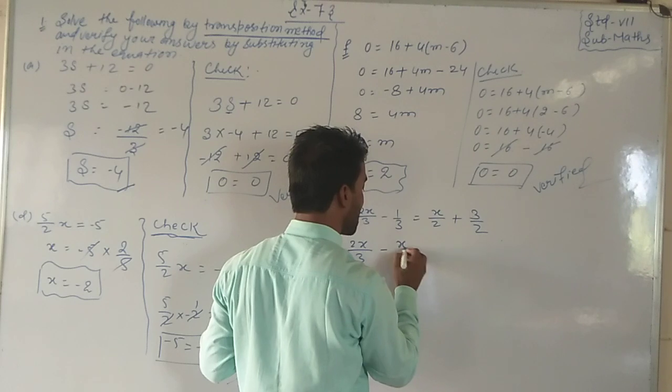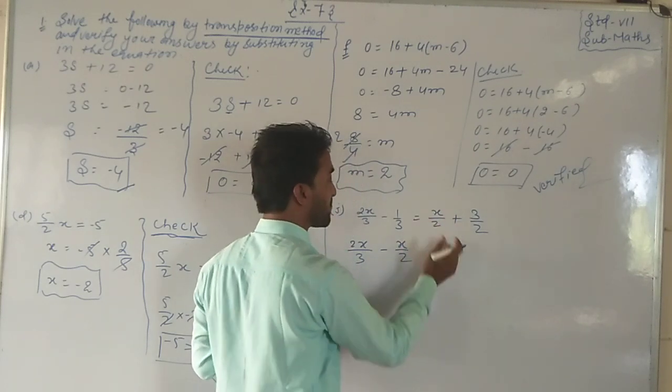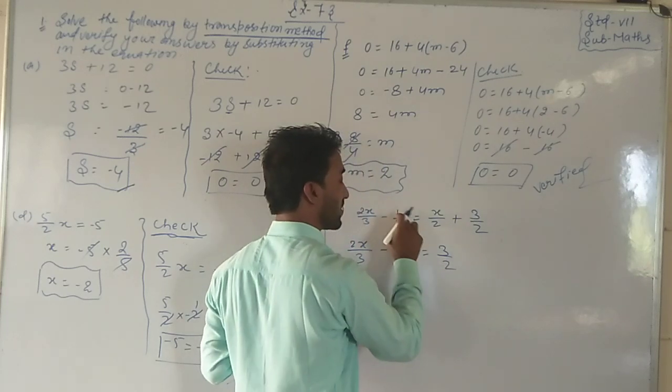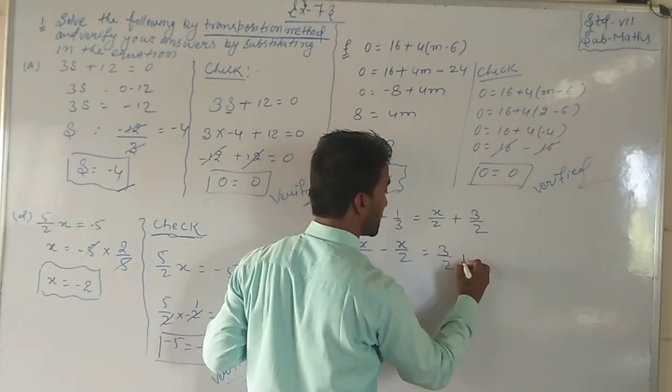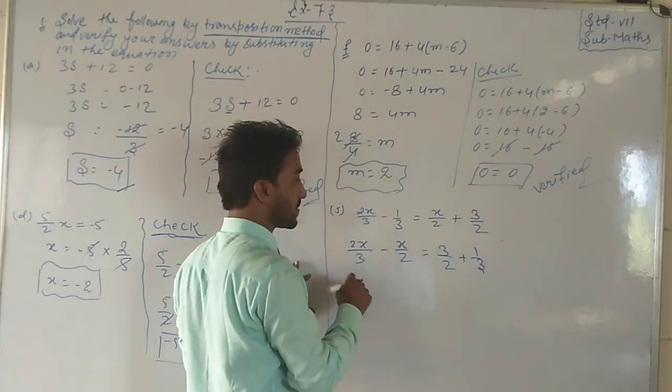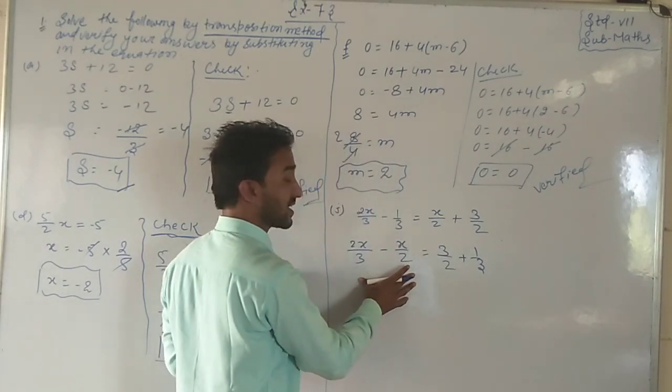What will happen? Minus x by 2. Why? Because it is in plus. Is equal to 3 by 2, and when this 1 by 3 transposes to the RHS, what will be there? Plus. Why plus? Because it is given in minus. So students, now we will take the LCM.